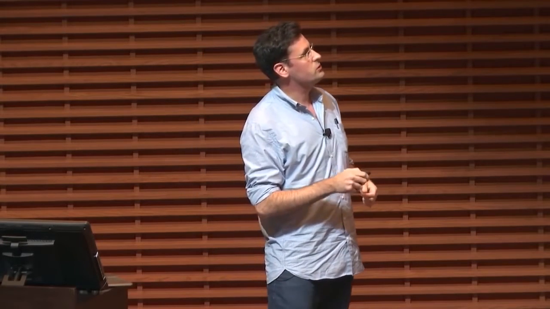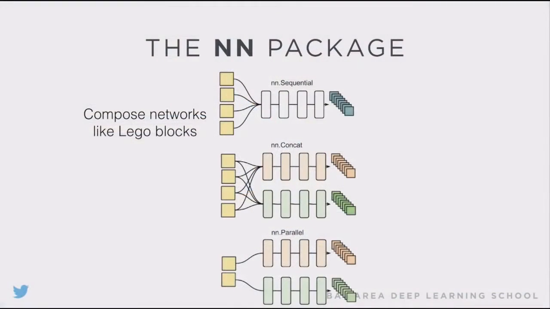I mentioned the sequential container, which starts from inputs and then proceeds linearly. There are two other types of containers that you might use, but generally NN shines when your architecture is linear, not when it has some crazy branches or anything like that.